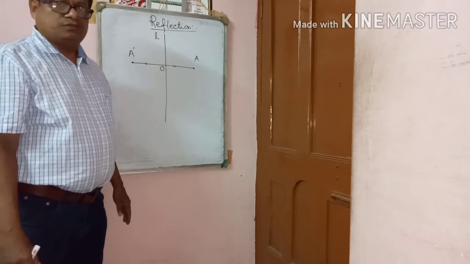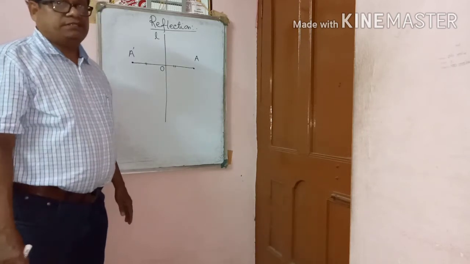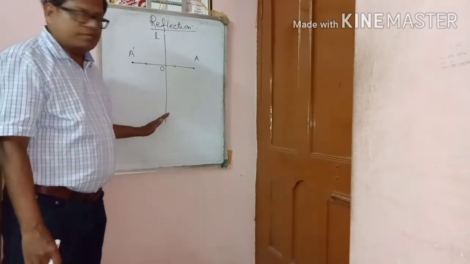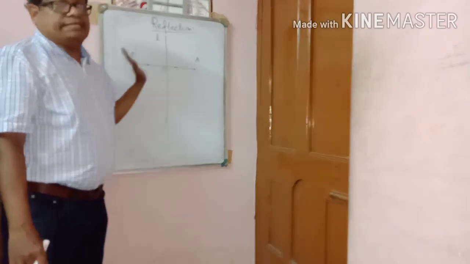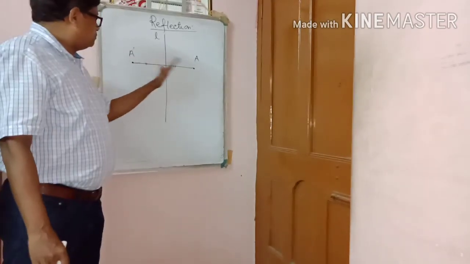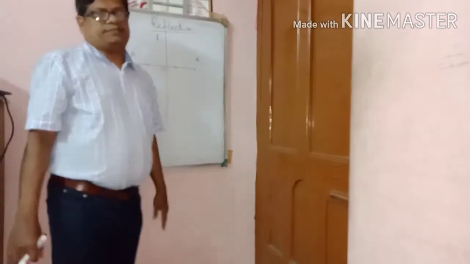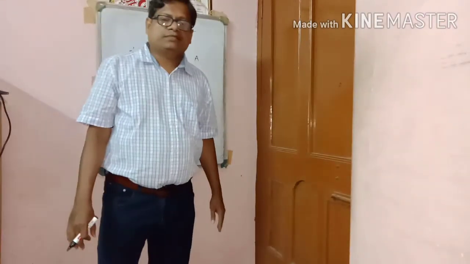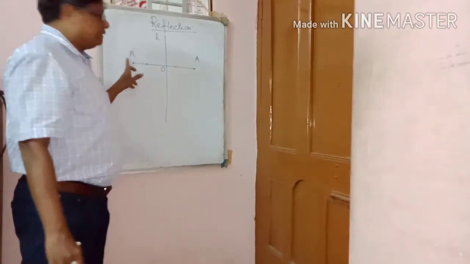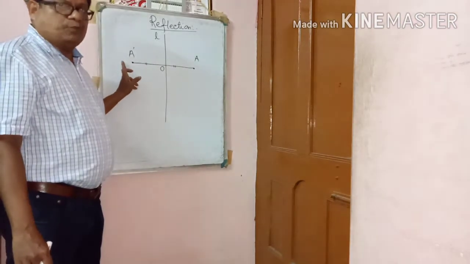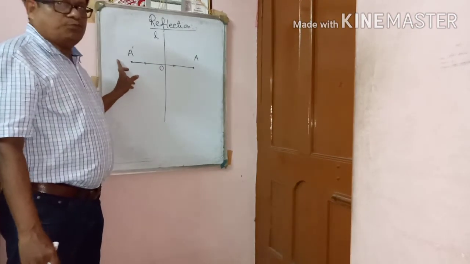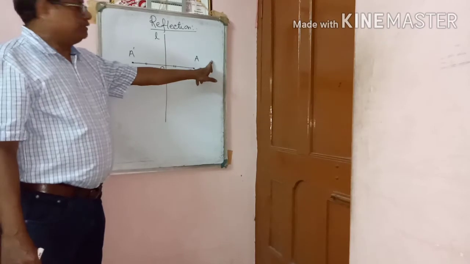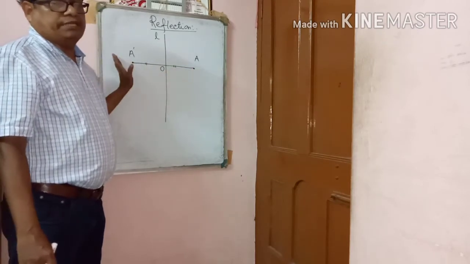Understood? A dashed is called the image of A.